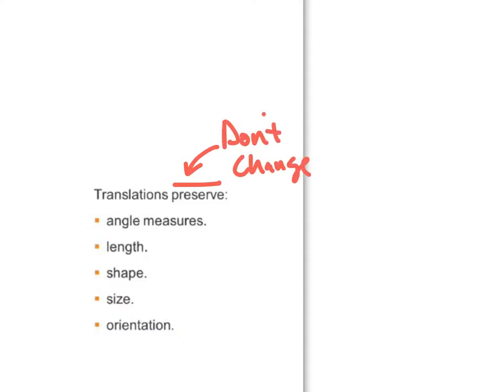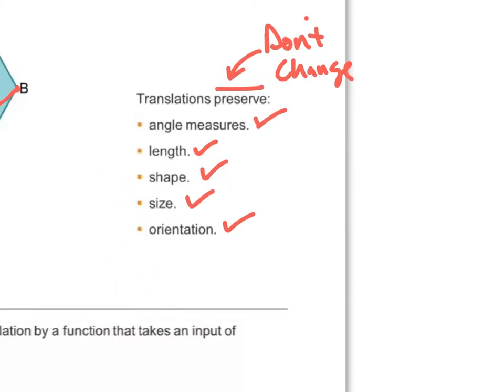The things that we preserve are angle measures, lengths, the shape, the size, and the orientation. The only thing that changes here is the location.